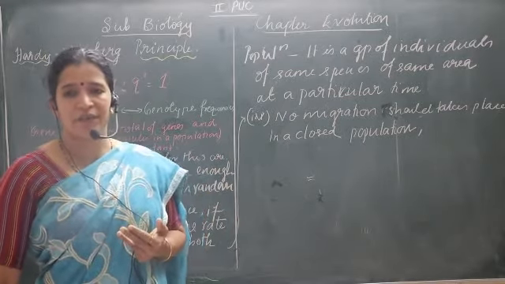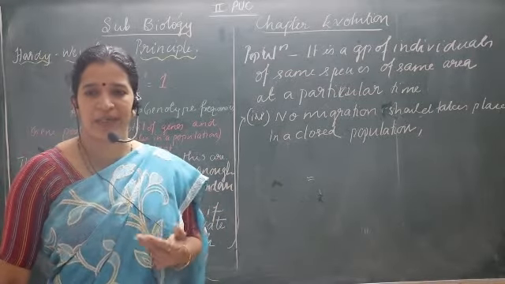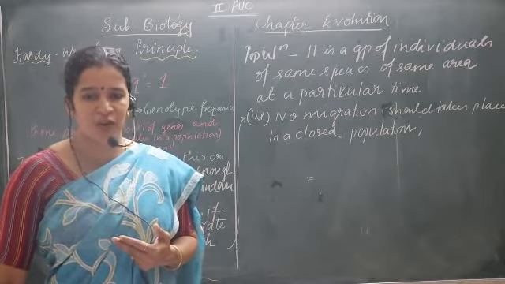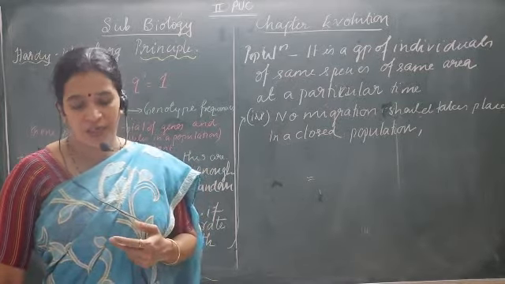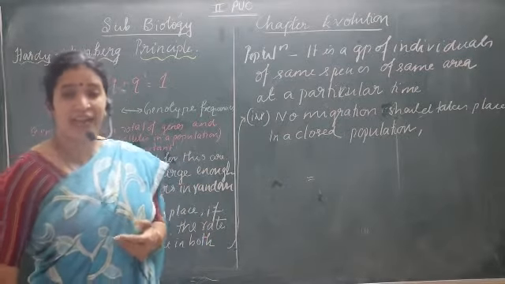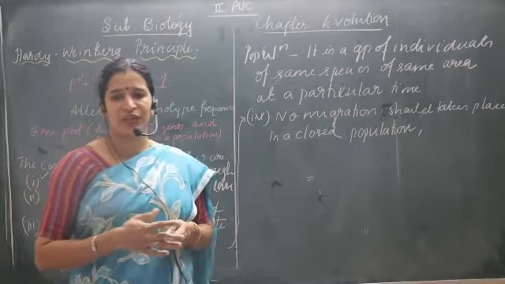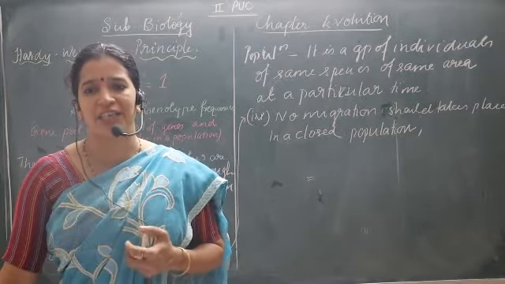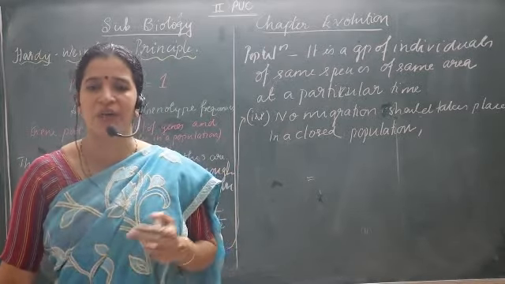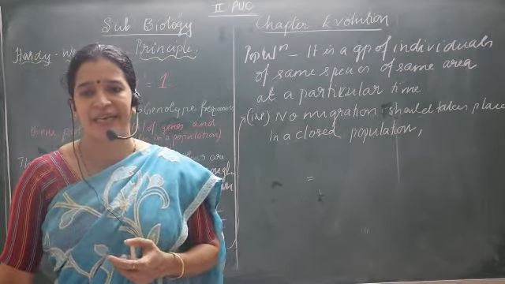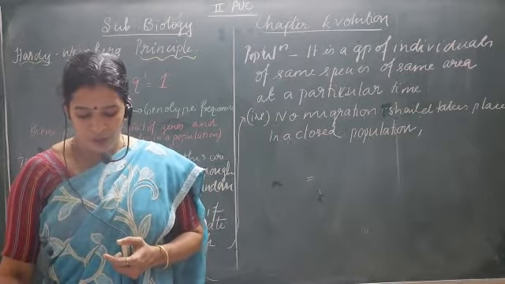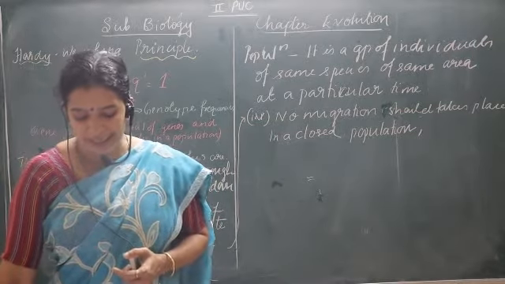So, as significance, one aspect I already told you: it helps population genetics to understand the evolutionary change. Then one more thing is the direction of evolution, in which direction the evolution has occurred, or which characters got selected during that evolutionary period. Then also the evolution of a selected trait.